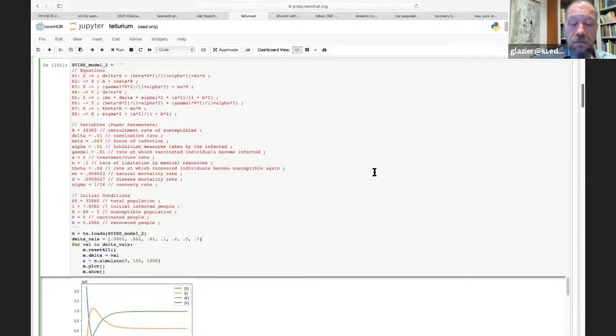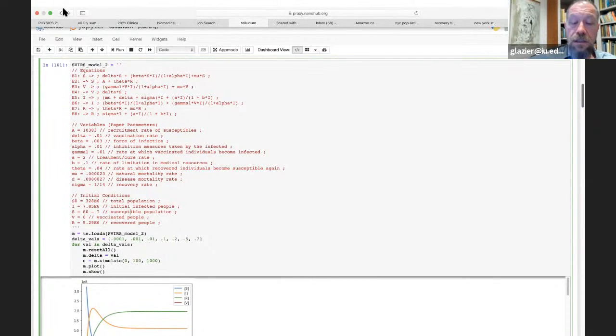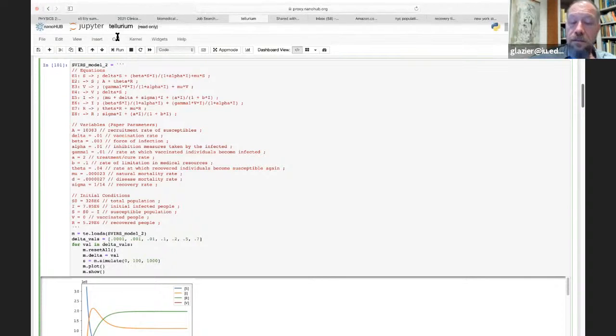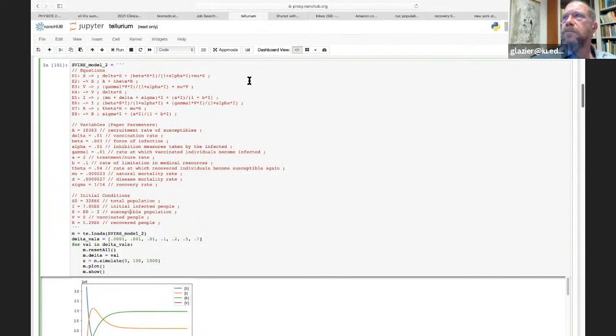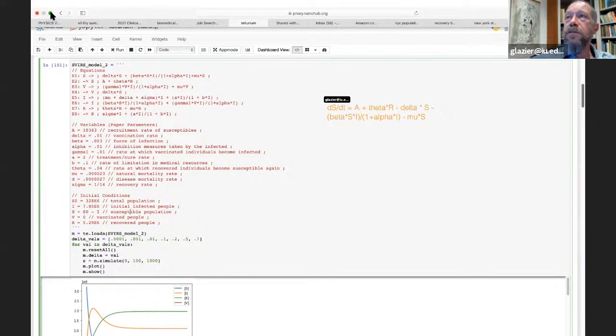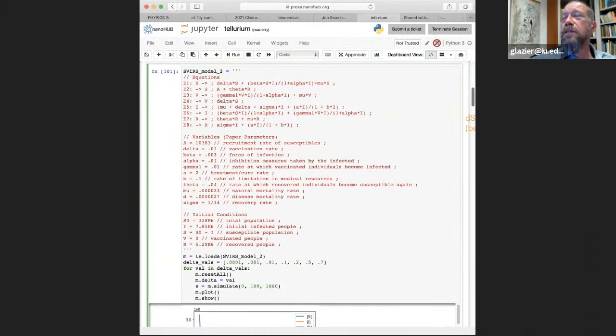minus delta times S minus beta times S times I divided by 1 plus alpha times I minus I minus mu times S. So these first two lines, oops, I didn't mean to delete that.